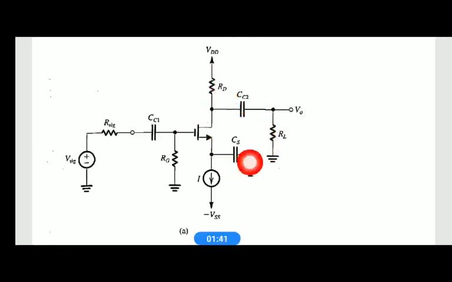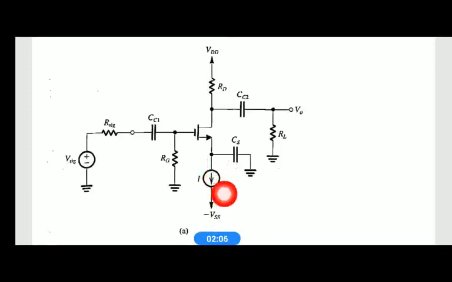To analyze this, we take the AC equivalent circuit, where to get the AC equivalent, we make all the DC sources 0, meaning here it is an open circuit because of the constant DC current source I.